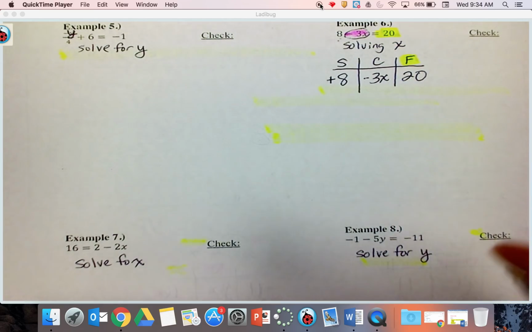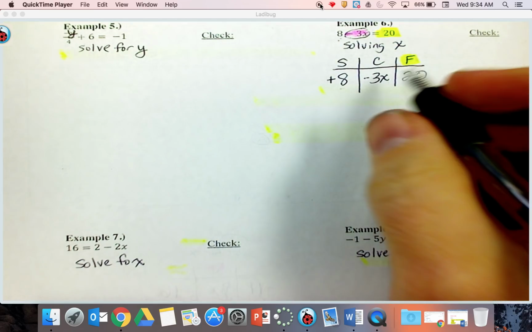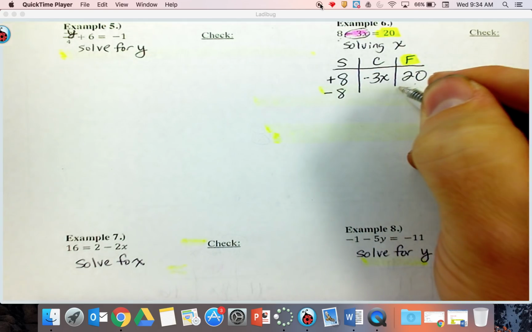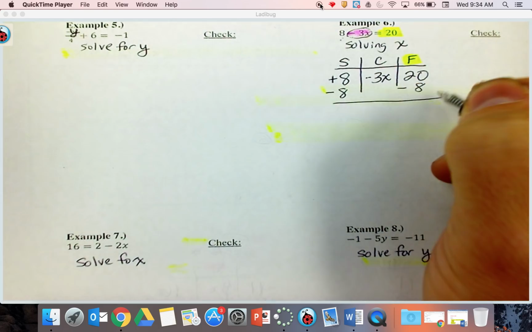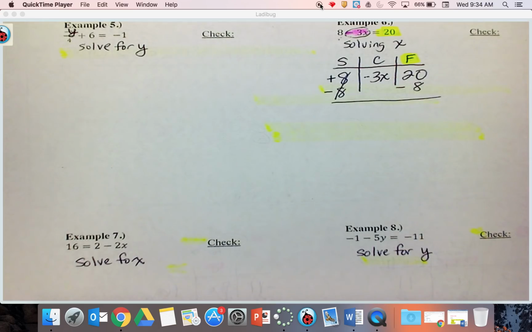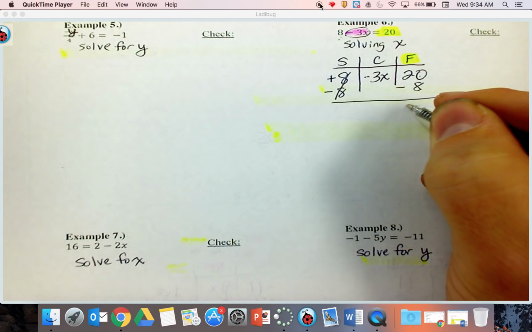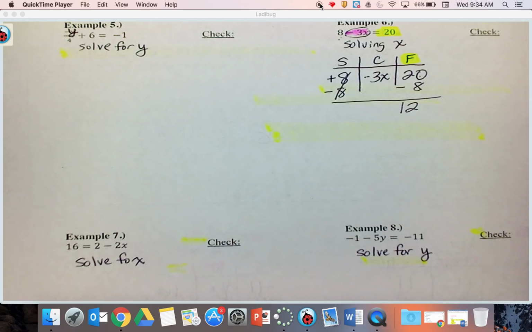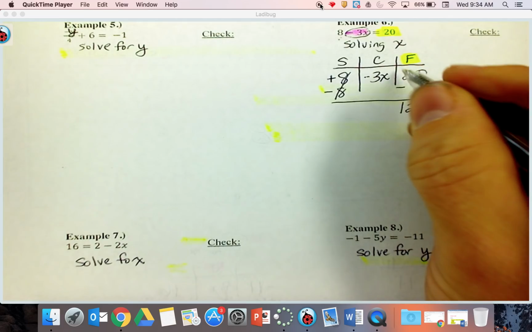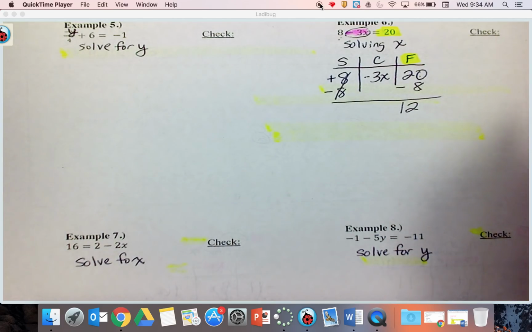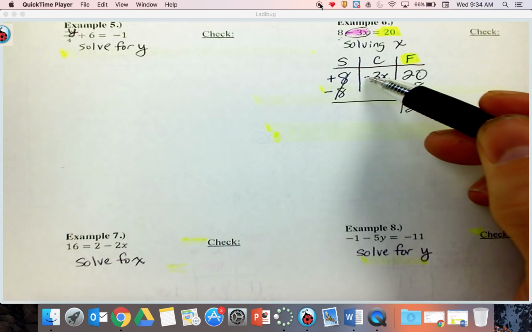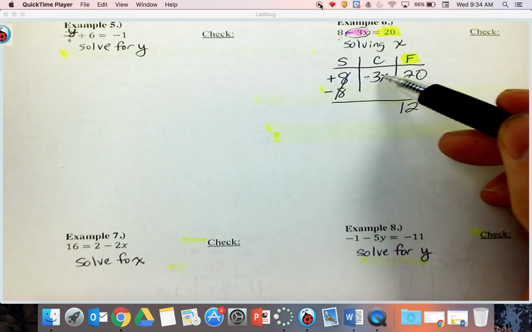So remember, I'm moving the start over to the finish. Goes away to 0. 20 minus 8 is 22. Sorry, not 22, 12. And you have your negative 3x left over. Well, how do we get rid of a negative 3x times x?